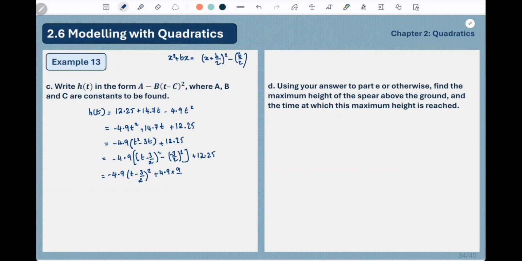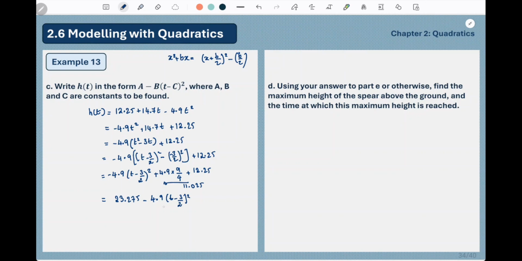So 9 over 4 plus 12.25. Computing all of that, I think this one will give us 11.025. Then if we add these two together, 11.025 plus 12.25 is going to be 23.275 minus 4.9(t minus 3 over 2) squared.